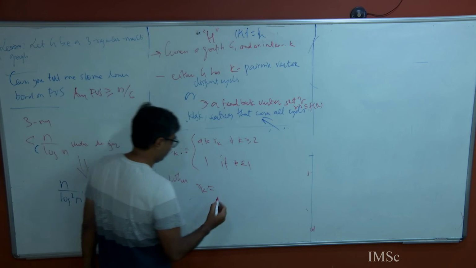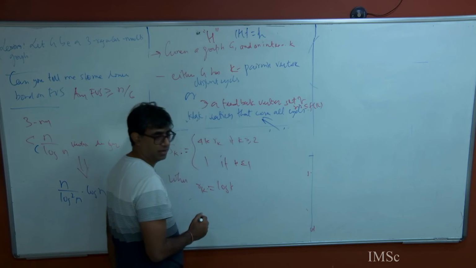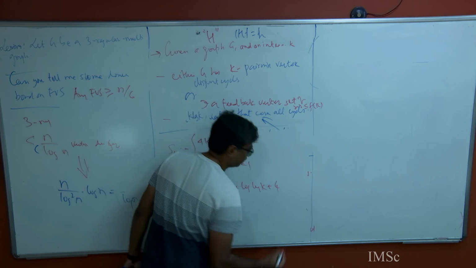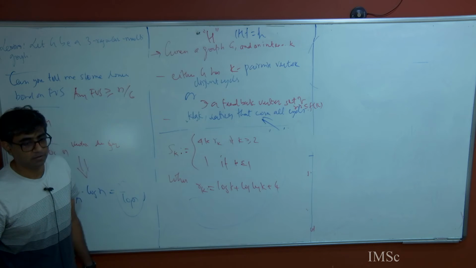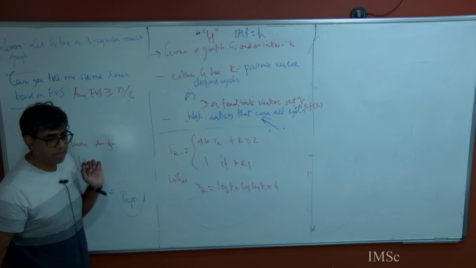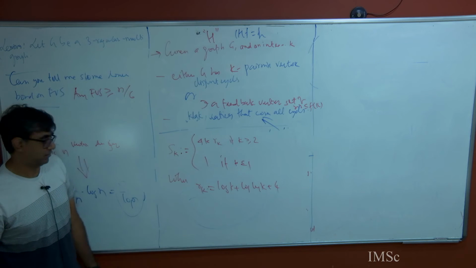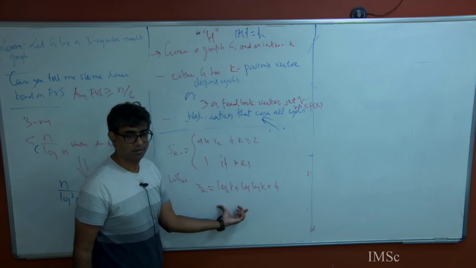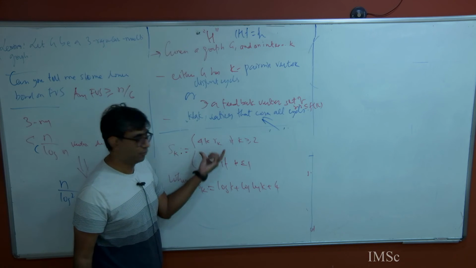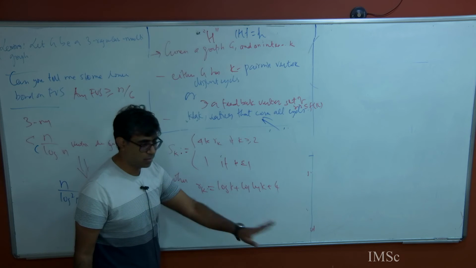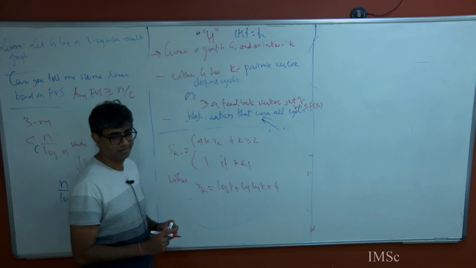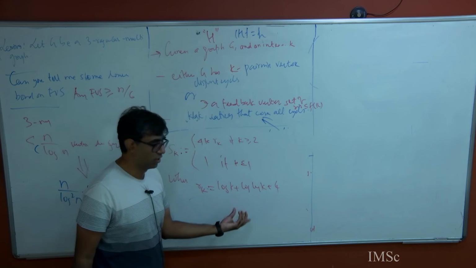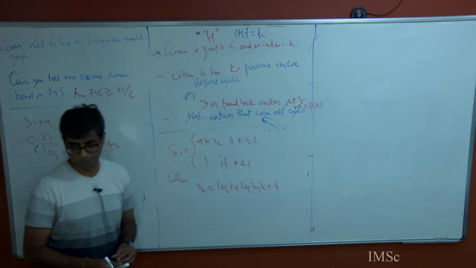It should roughly be like log k, but for the maths to go through, we are going to do log k plus 4. This looks a scary function, but basically rk is like order log k, no? If you don't take these numbers properly, your base cases will start failing all over the place. I'm quite sure if someone takes some other numbers, they might be able to work it out.